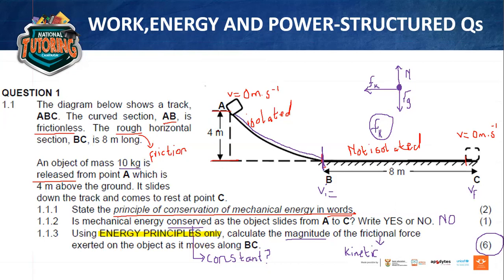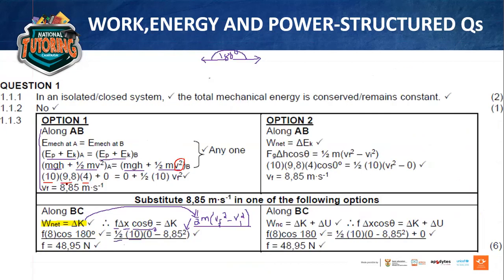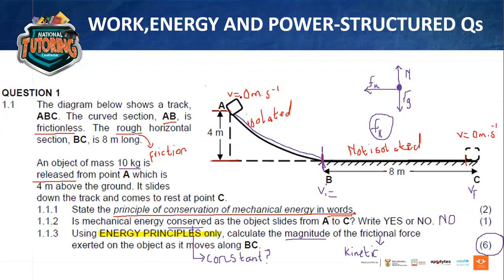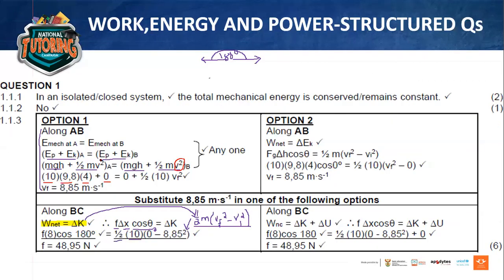We can see it's 4 meters when it's at A. Plus half mv squared. Why are we getting a 0 here? Because it will be half times the mass, which is 10, times the speed at A. Remember, it was released, so it's 0. That is why half times mass times 0 squared gives us 0.